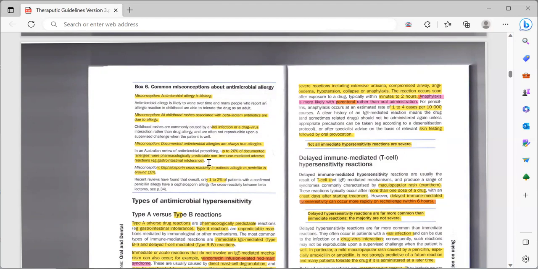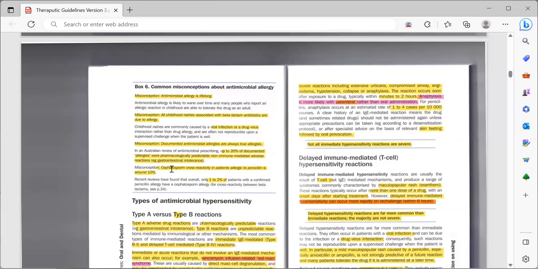So it is not an allergy; some drugs can make you go nauseous, and antibiotics can lead to diarrhea. This does not mean that you are allergic to the antibiotic.